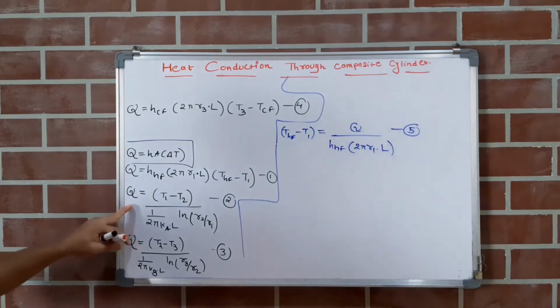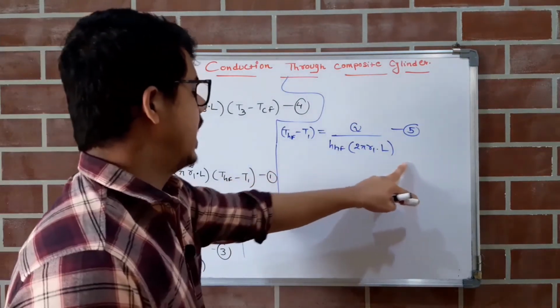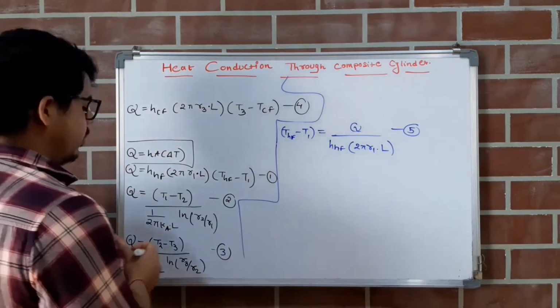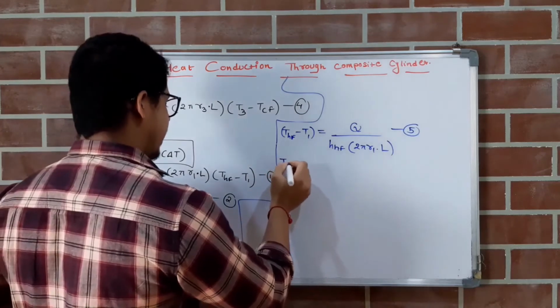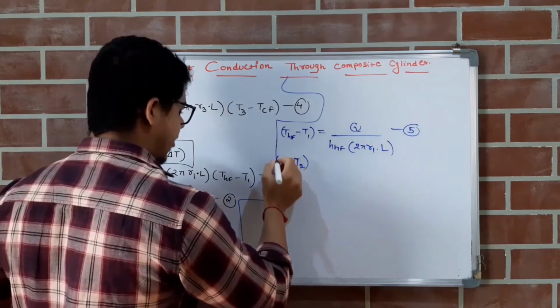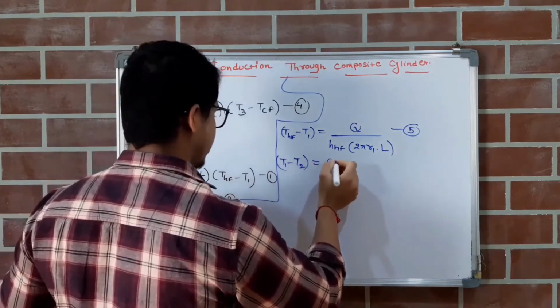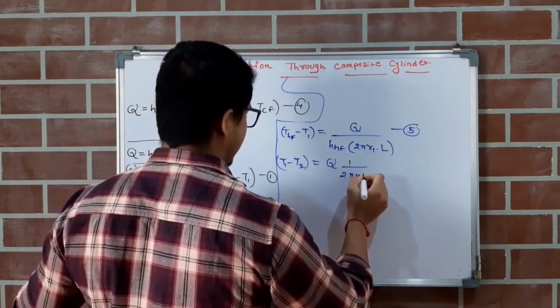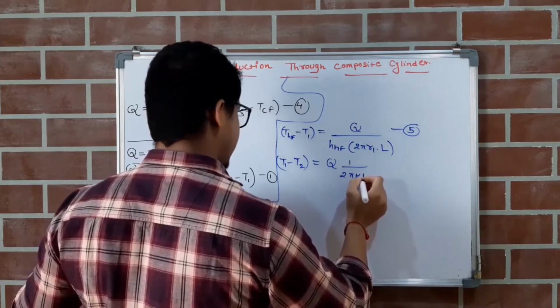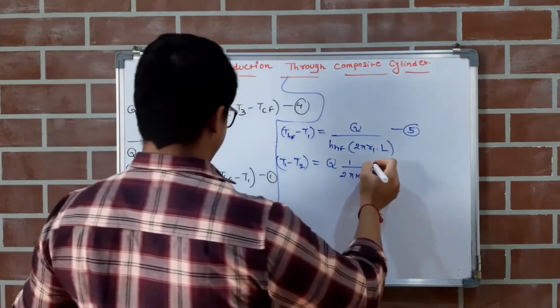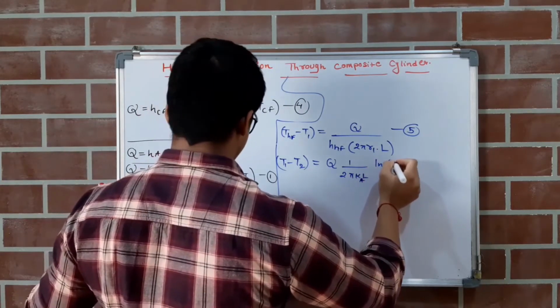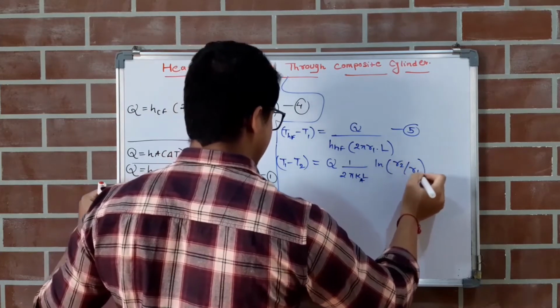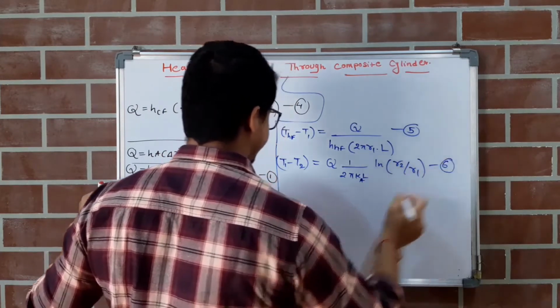Now from equation 2, again you write a line that from equation 2, then you perform this step, that is T1 minus T2 is equals to Q into 1 upon 2 pi Ka L into ln of R2 upon R1. Let's say this is equation number 6.